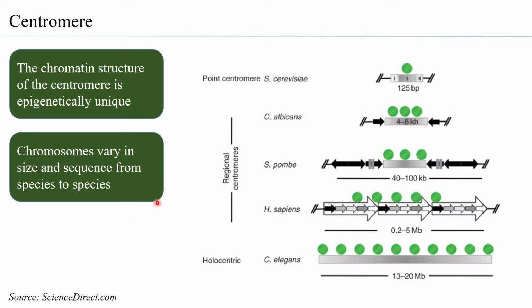Now, interesting to note is that generally one chromosome has one centromere. It is very rarely found that you would have more than one centromere in a chromosome, although it is not an impossibility. So, why is it that chromosomes have only one centromere?